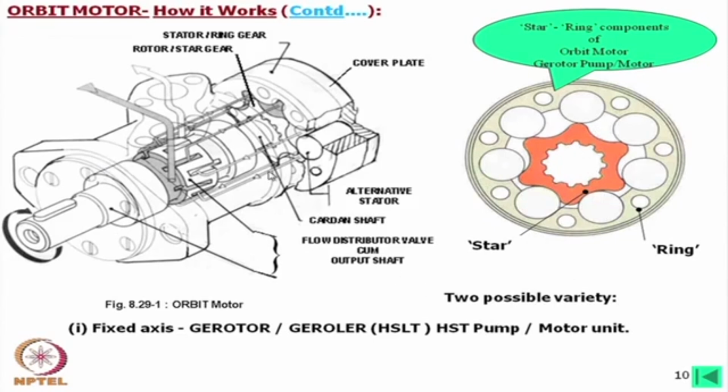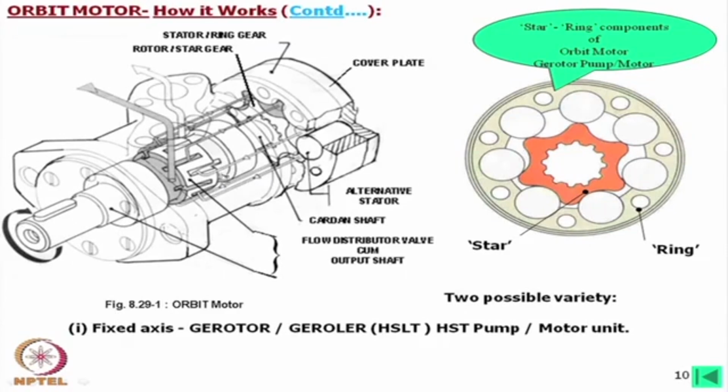And if we ask why the orbit motor is not used as a pump, you see, this is basically a high torque low speed machine. If we would like to use this as a pump, for the same pumping action we have to transmit very high torque at low speed. Using an engine, we may have to use a reduction gearbox to run this as a pump, which is not beneficial.